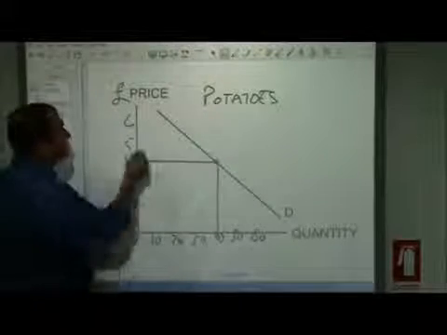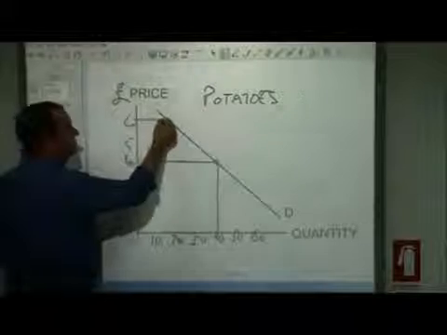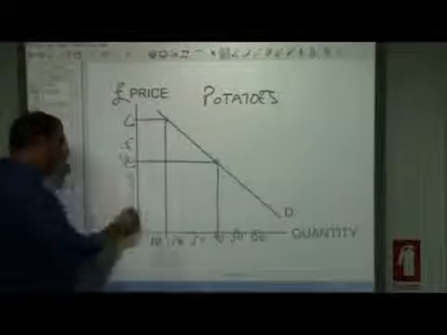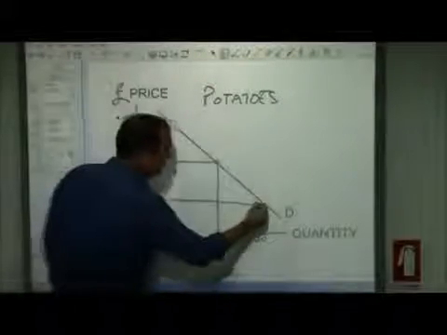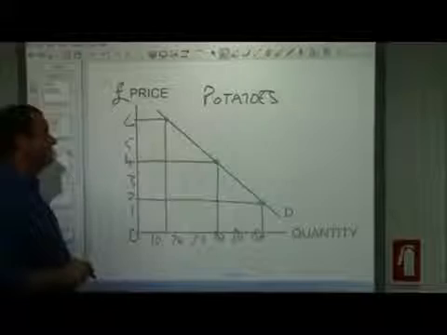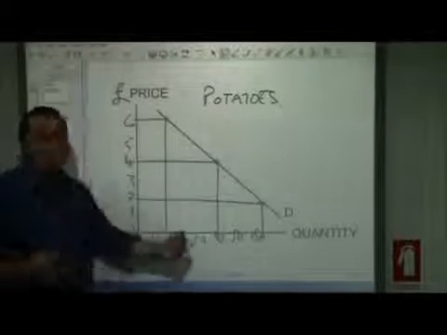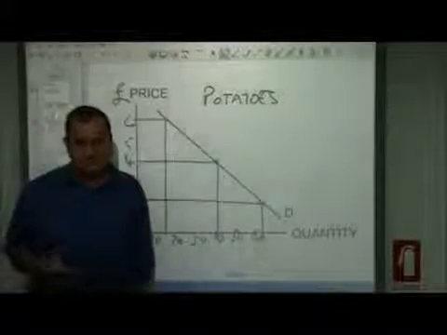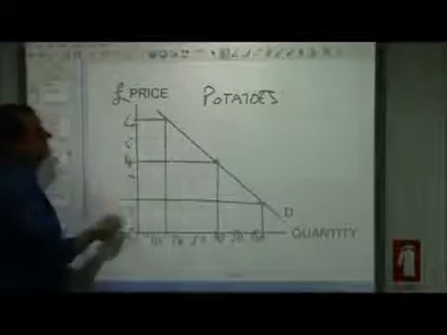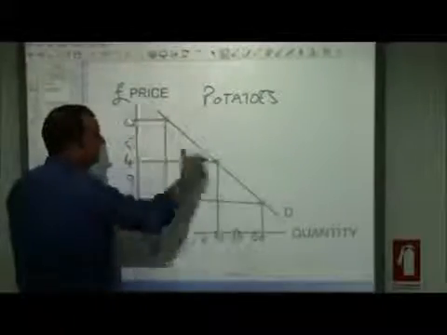So when the price is higher, say £6, the quantity of potatoes being bought will be less. And if the price was lower, at £2, this point on the demand curve tells me that more will be bought. So the lower the price, the greater is the quantity demanded. And that's a product of the downward sloping demand curve.